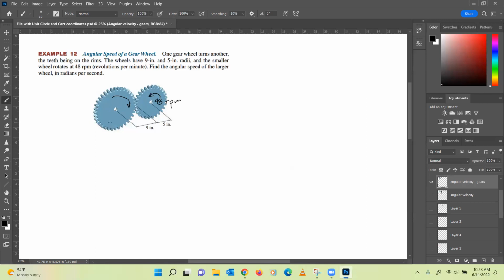So let's see some benefits here. Maybe omega, we've got V equals omega R, but omega is in radians per second. And we've got rotations or revolutions per minute. So maybe we need a conversion there.